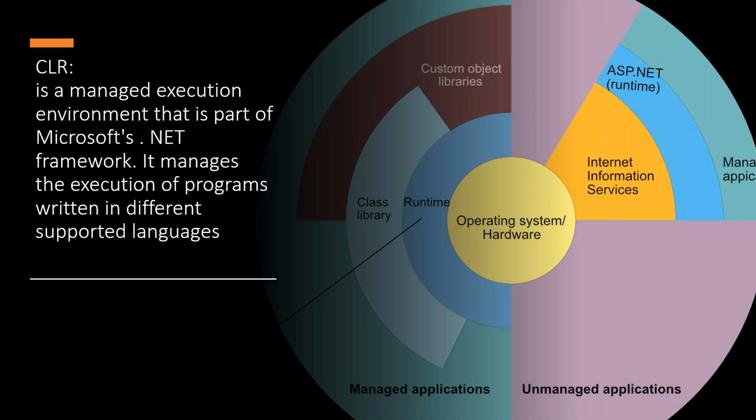Then when we come to .NET, the main concept, and I'm just giving the brief main concept itself, is the CLR. When it comes to .NET, we'll look into the CLR. CLR is a managed execution environment that is a part of the Microsoft .NET Framework. It manages the execution of programs written in different languages.